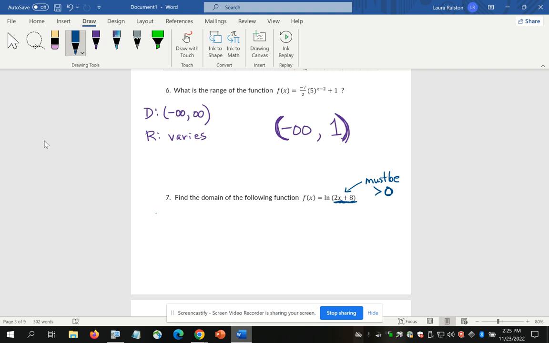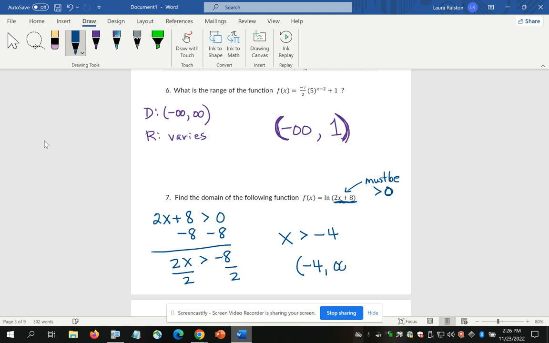So if I take the expression 2x plus 8, and it has to be greater than 0, and I solve for x, I'm going to subtract 8 from either side. So I have 2x is greater than negative 8. I'm going to divide by 2, divide by 2. So x is greater than negative 4. So my domain would be from negative 4 to positive infinity. Again, the negative 4 is not included because you cannot take the logarithm of 0.